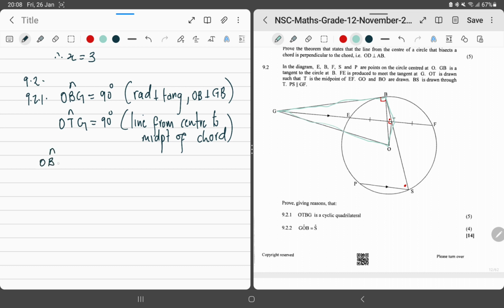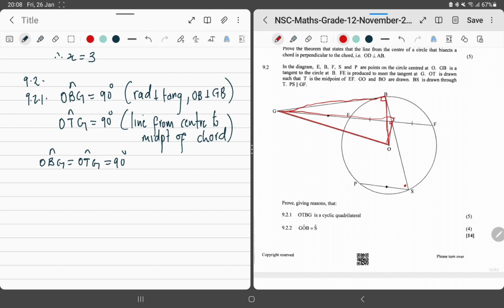In other words, OBG is equal to OTG. They are both equal to 90 degrees. So this angle is equal to 90. So can we see that OG subtends that which is a 90. It also subtends that which is a 90.